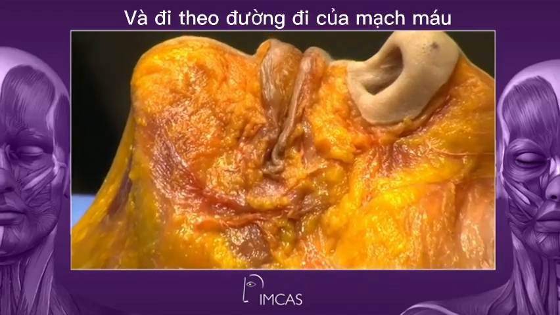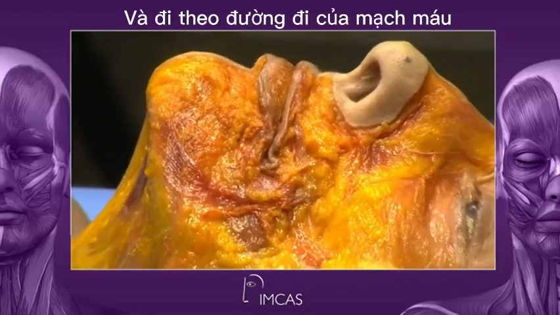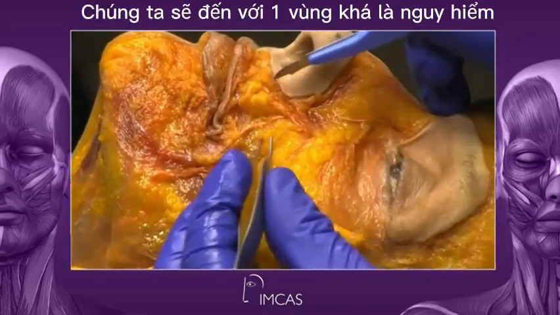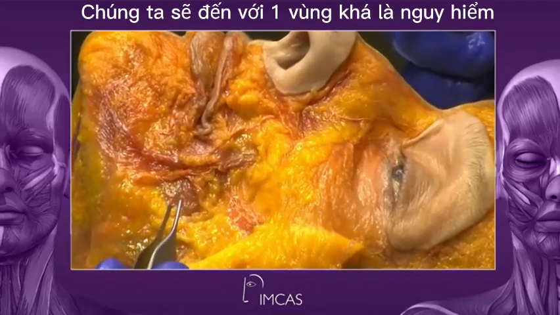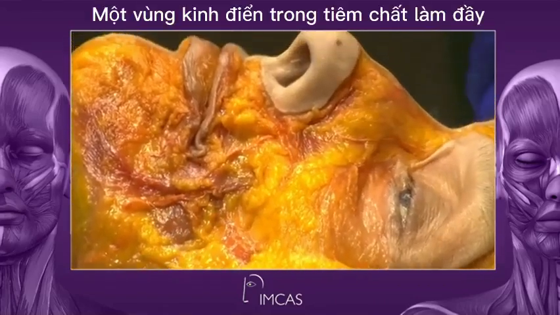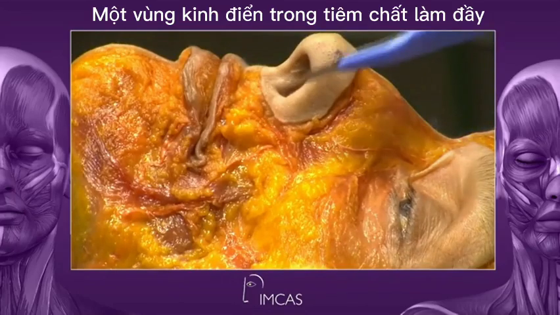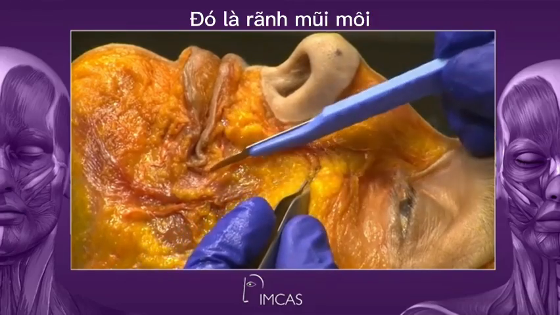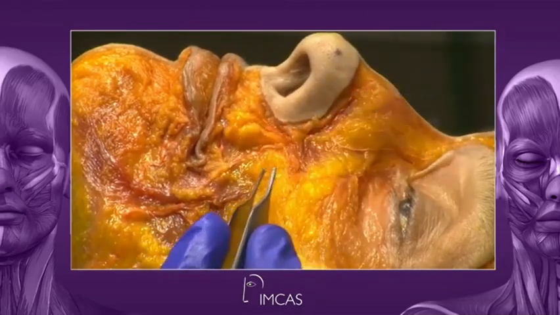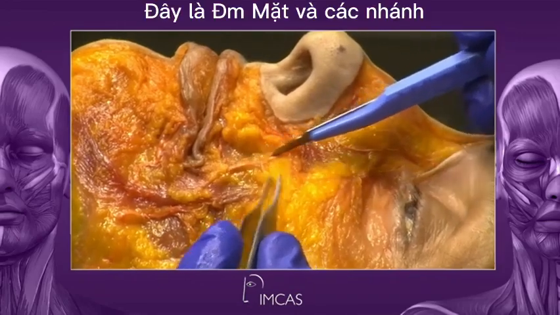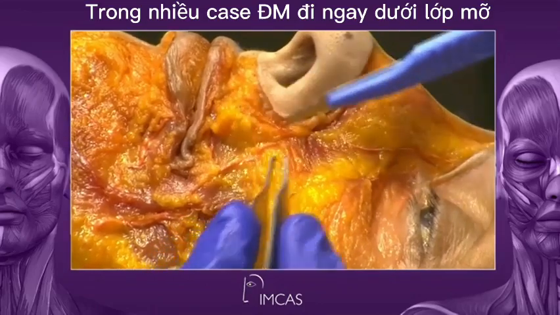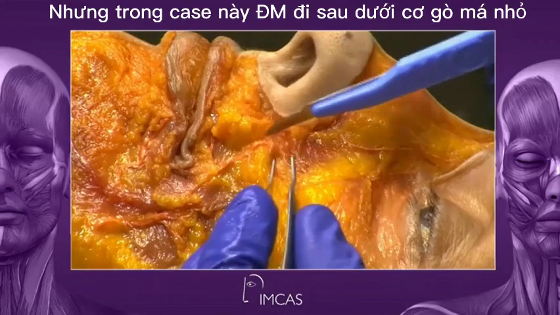And then we follow this artery. And look, what a surprise, what is the real dangerous area? This is the classic area where we have injected for many years without any problem, the nasolabial fold. And you can find this artery and little branches, in that case below the fat, but in that case below the muscles.